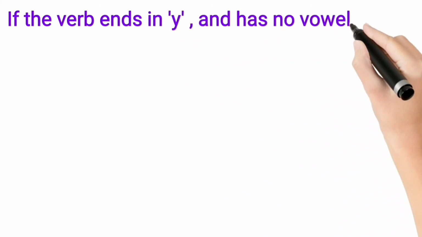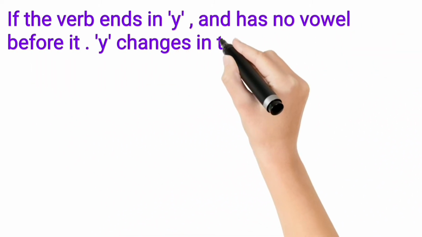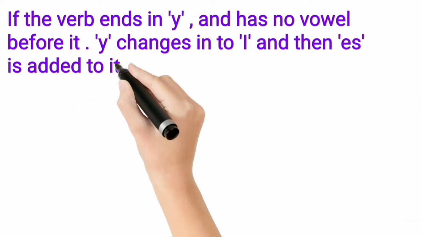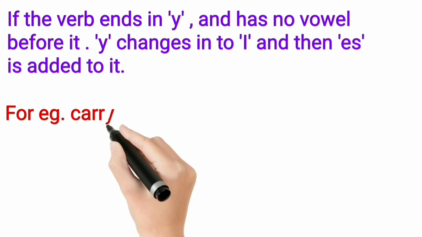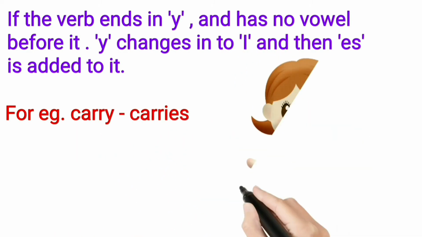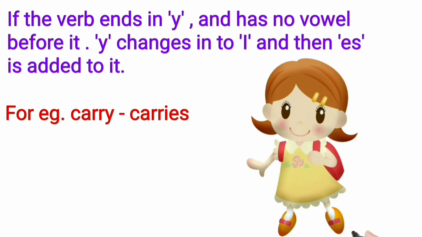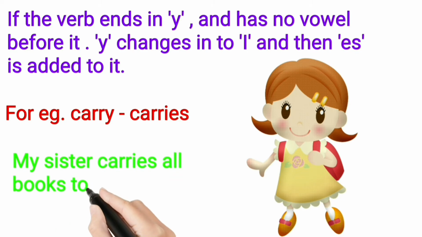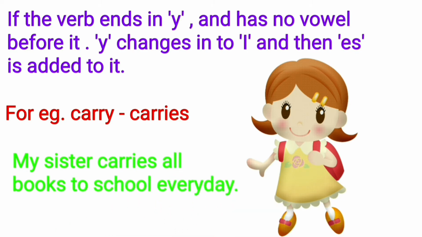If the verb ends in Y and has no vowel before it, Y changes into I and then ES is added to it. For example, carry, carries. My sister carries all books to school every day.